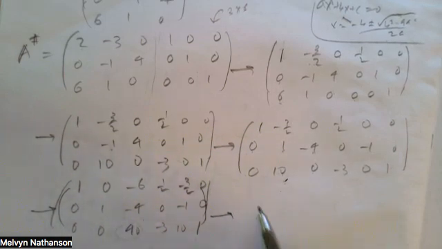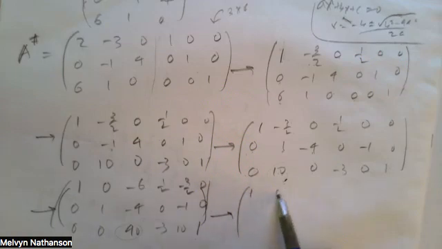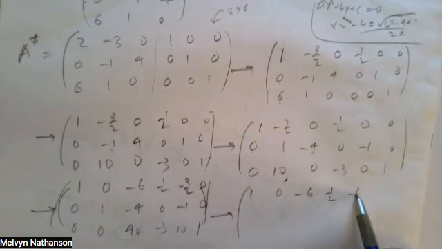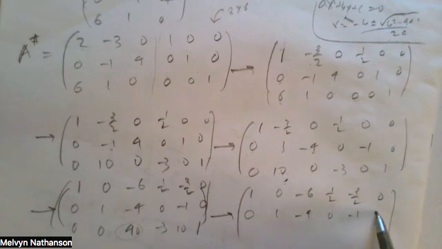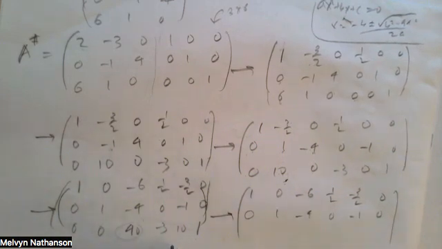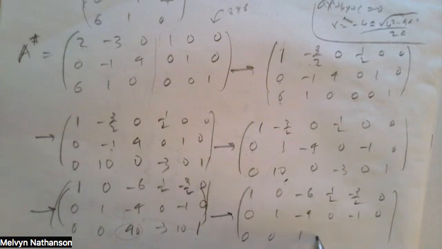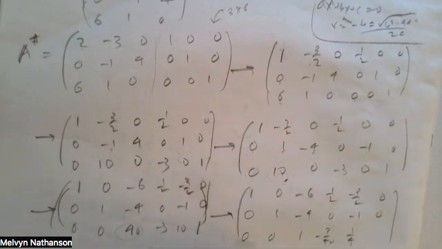I want to get a 1 here. So the first row doesn't change yet. Second row doesn't change yet. But I divide the third row by 40. I get 0, 0, 1, minus 3 over 40, 10 over 40, which is a fourth, 1 over 40.